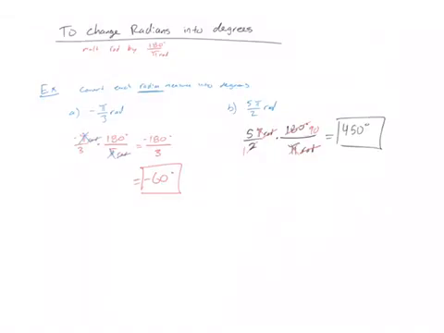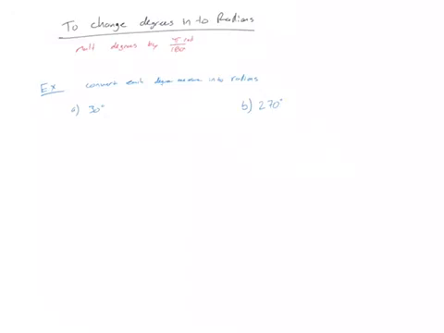Now, very similarly, if you wanted to change degrees to radians, you'd multiply by the reciprocal of what we talked about earlier, pi over 180. It says convert each degree measure into radians. So I'm going to do the same thing I just did, except the other way. 30 degrees, over 1, is multiplied by pi radians over 180 degrees.